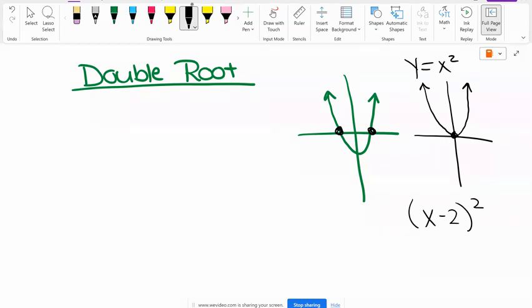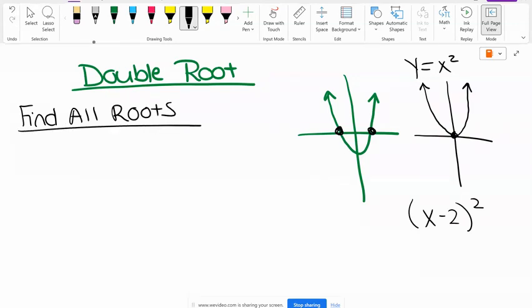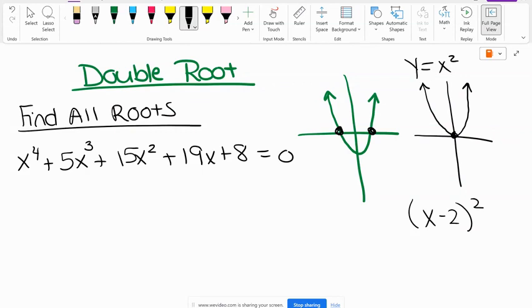So let's say I ask you to find all roots. So now I want the roots, not the factor. Find all roots. I'm going to have x to the fourth plus 5x cubed plus 15x squared plus 19x plus 8 equals 0.